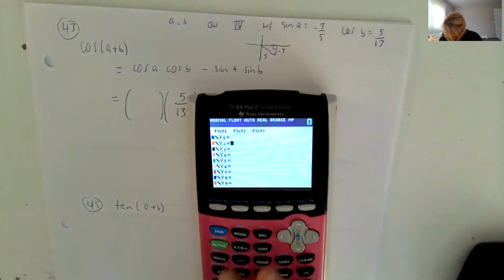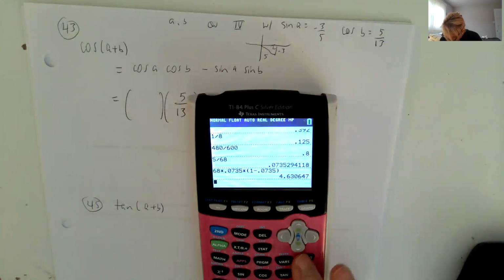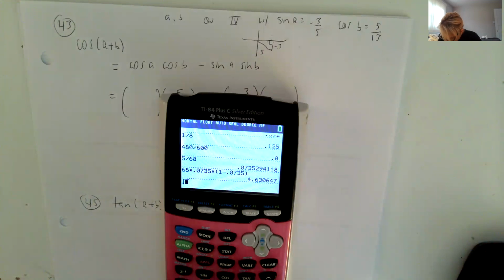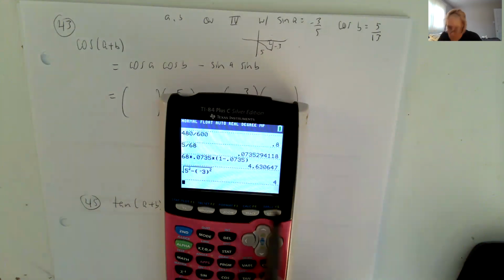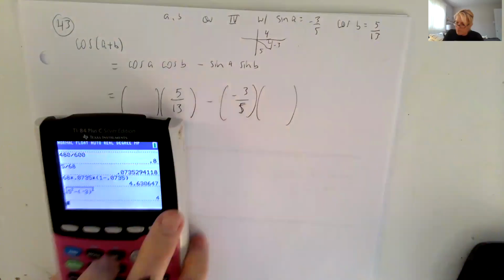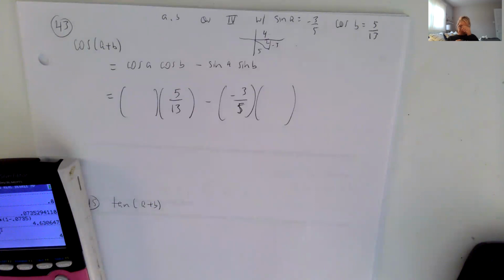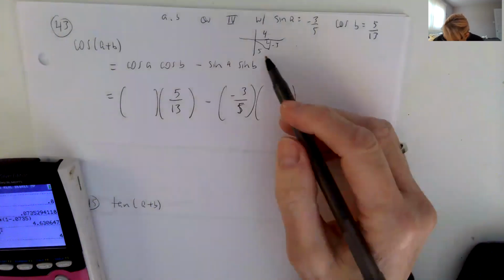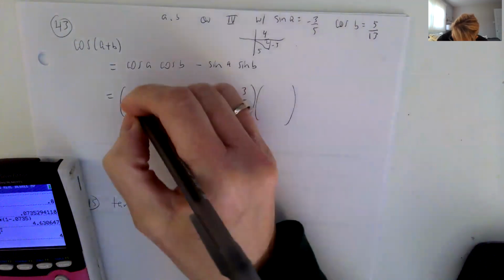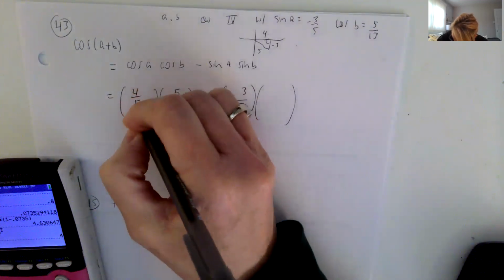Okay, so this is going to be the square root of 5 squared minus negative 3 squared. So that's going to be a 4. The angle is in the fourth quadrant, so cosine is positive. So the cosine of A will be 4/5.